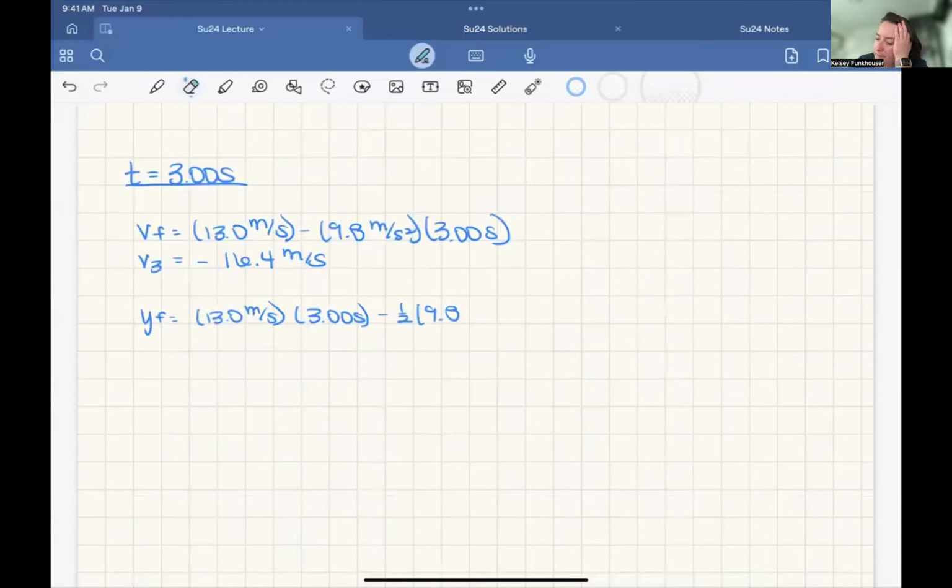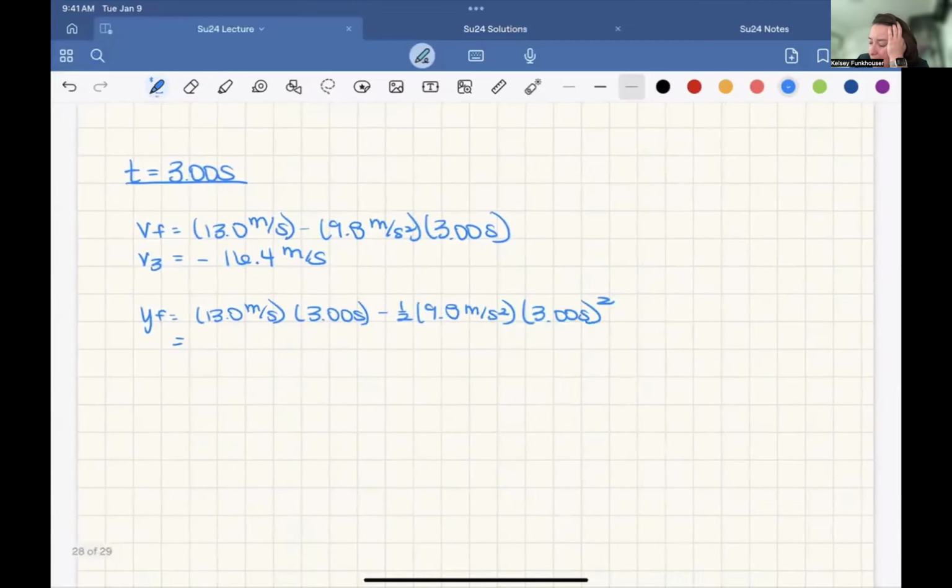We're just going to use 9.8. But I might accidentally add a 1 every once in a while, but that's why. Meters per second squared and 3.00 seconds squared. So this time our position is negative 5.1 meters. So position 3 is negative 5.1 meters.